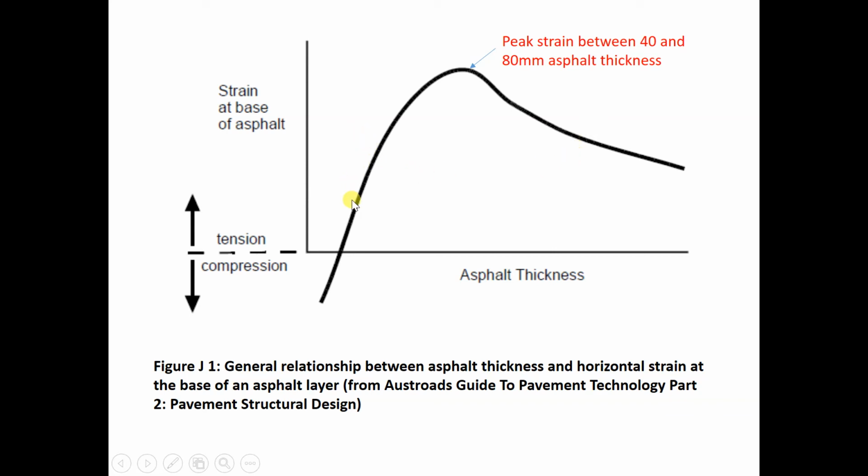If it's too thin, then it has no structural contribution. It has low tension, mostly compression, just like a spray or chip seal, but it doesn't contribute any strength to the pavement. Only when the asphalt is thicker does it contribute to the strength of the pavement.